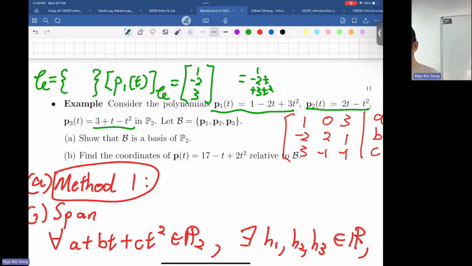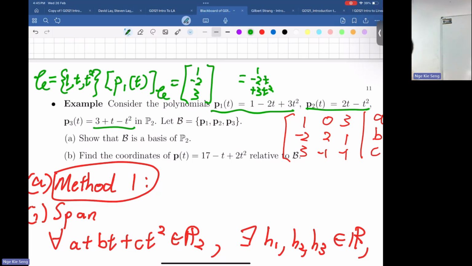Still remember what this coordinate vector does or not? These numbers should be coefficients of some basis vector. So who are the basis vectors here? 1, t, and t squared.